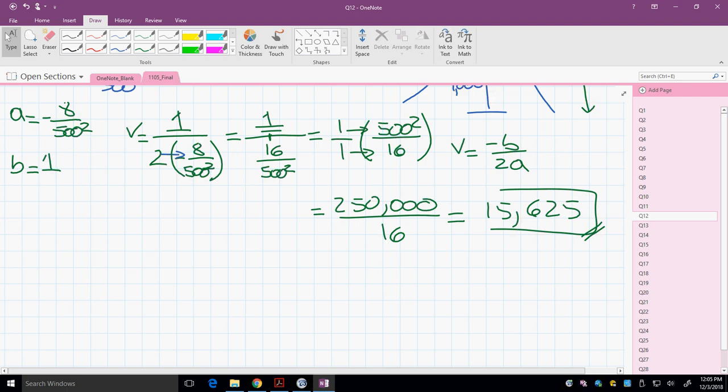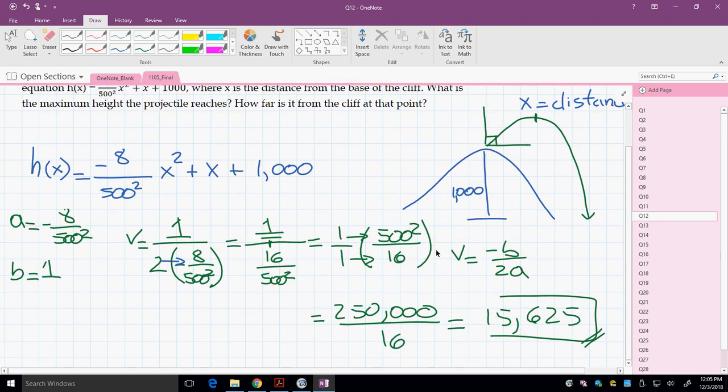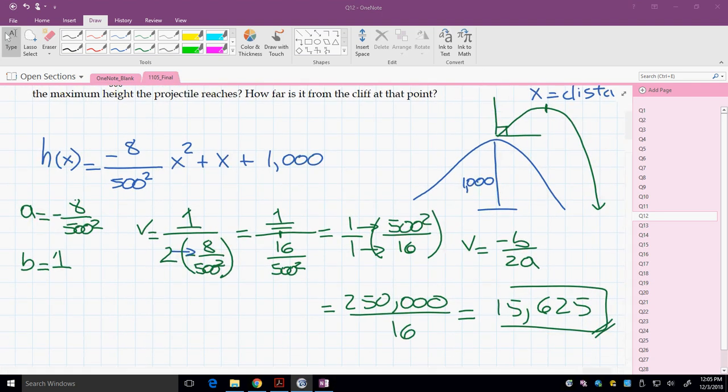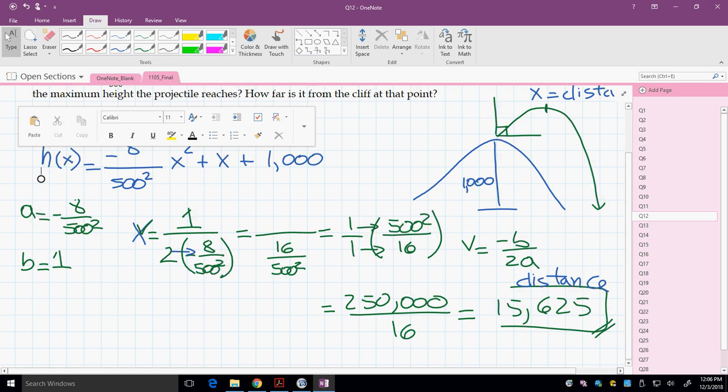We're finding x here. Now with the x, we're going to plug it back into this formula, and we're going to find h, which is the height.